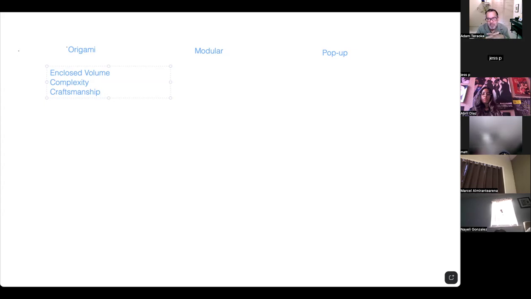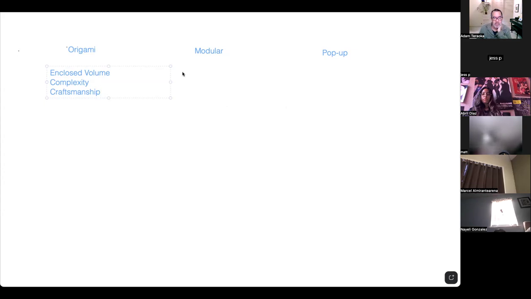There are templates out there for that. You can do that. If you wanted to do a modular project and it was non-figurative, you could definitely do that. And I think I have an image of a really good one. I might have to post it afterwards because I'm not sure where it is.